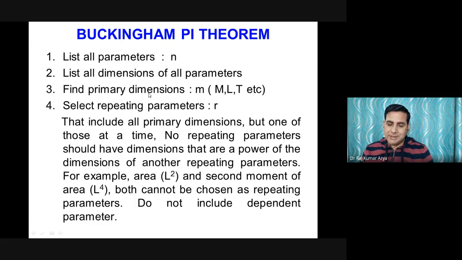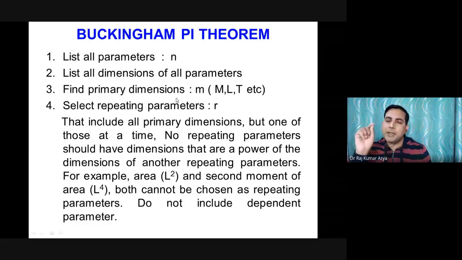So this has some procedure. Let's follow that. First, list all the parameters. That number is called n. Now list all the dimensions of all parameters. For example, if you have a force, you have to write M L T to the power minus 2, right? That's force. So first you write all dimensions of each and every parameter. Then find all primary dimensions.